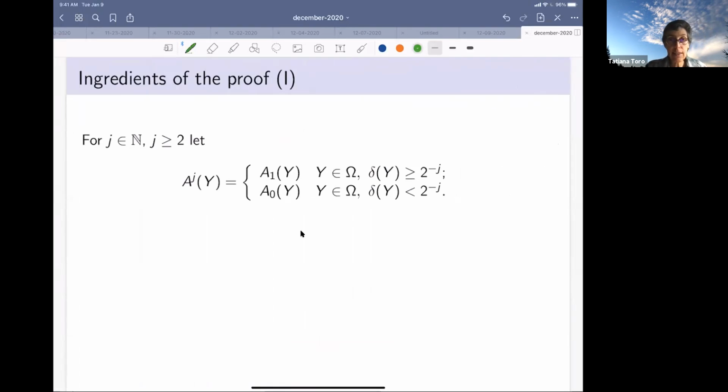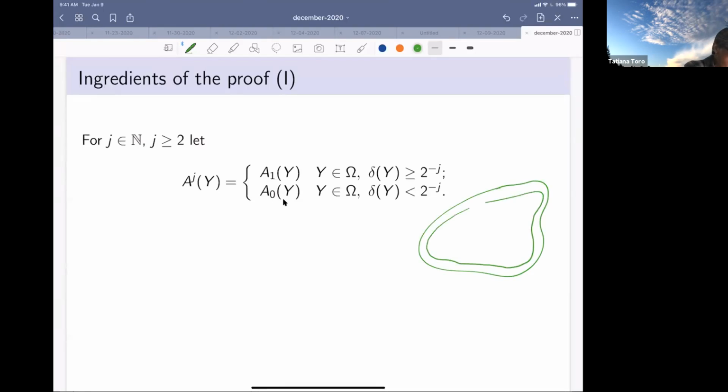So based on that, we do exactly that. You take a J and you define this A_J matrix. And what you do is the following. Let me draw my picture, it's easier. This is my neighborhood, 2 to the minus J.